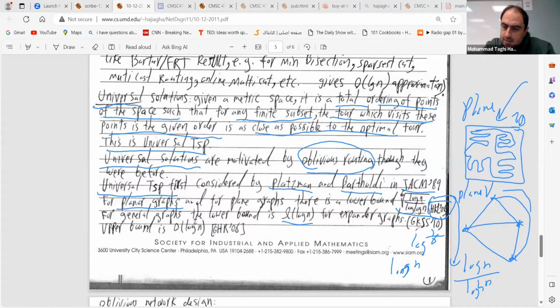However, the best upper bound that exists for general graphs is again our result by Anupam Gupta, me, and Harald Räcke, where we show log n squared. So there is a very interesting gap between this lower bound of log n and log n squared for this universal TSP.